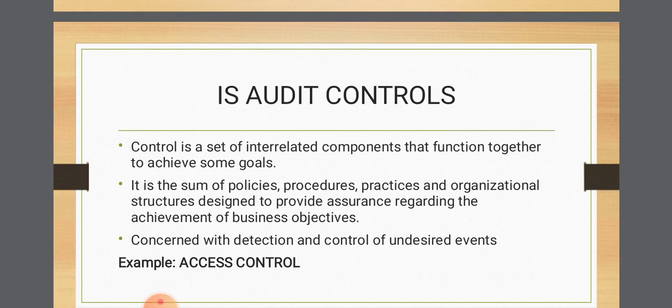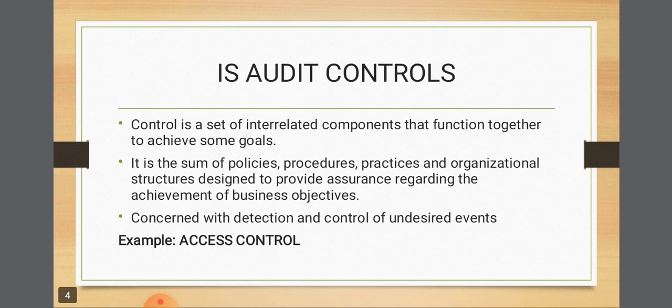Information system audit controls. Simply define what is control. Control is anything which helps you to find out or measure whether you are able to achieve your target or not. That is the control measure when you try to test your planning. So it is a set of interrelated components that function together to achieve some goals.